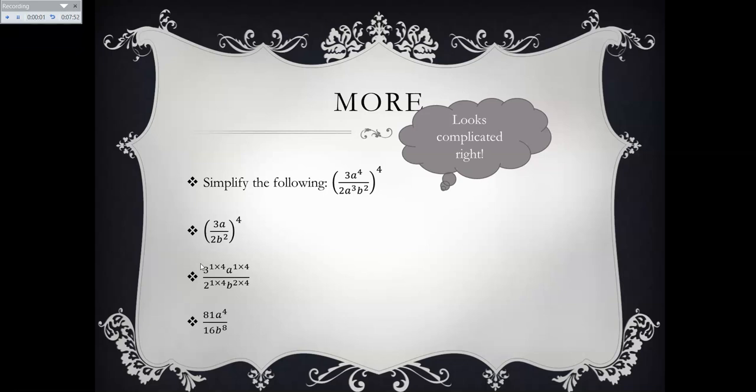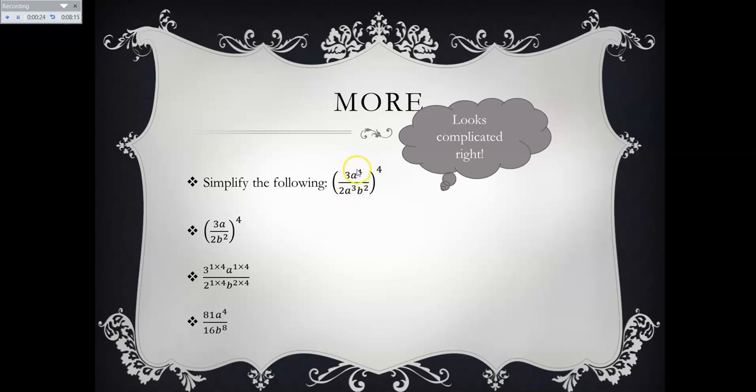Let's look at a more complicated question. At least it looks complicated. Now when you get a fractional power raised to a power, the first thing that you want to do is to try and simplify if at all possible. Now we have right here a to the 4th and a to the cube.